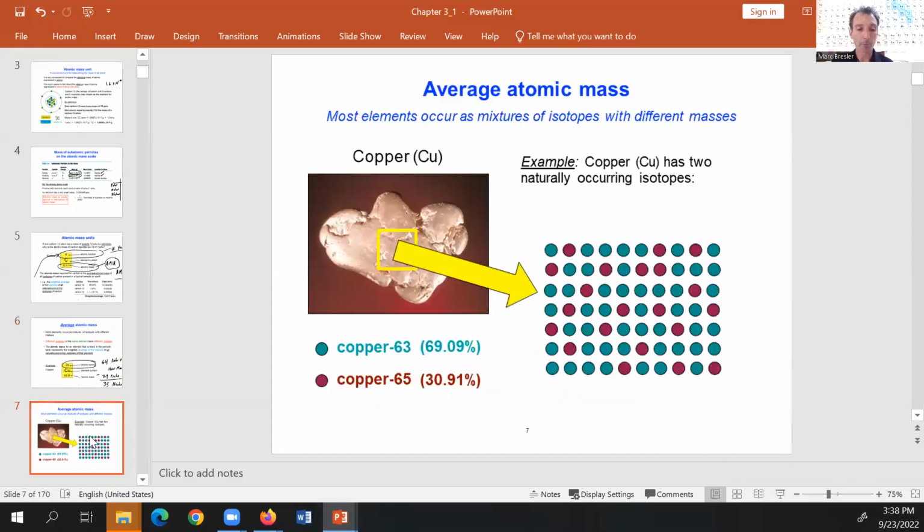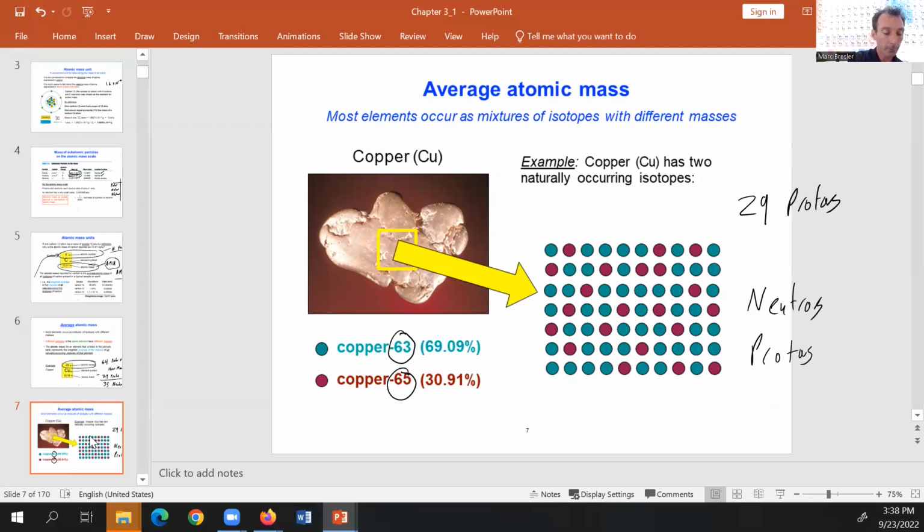So the average atomic mass, some copper might have 65, some might have 63 atomic mass. And that's based on the number of neutrons and protons. The number of protons stays the same. So for copper, we have 29 protons.